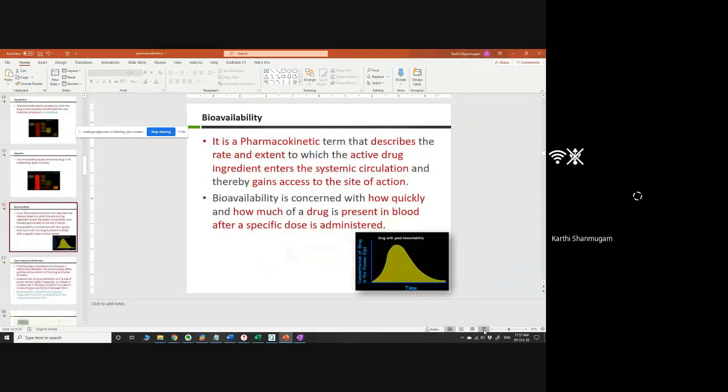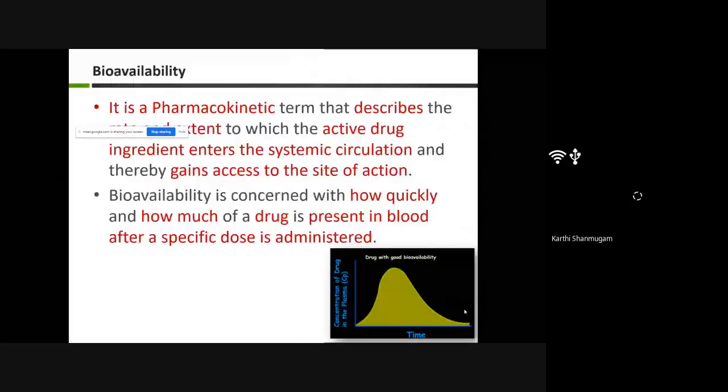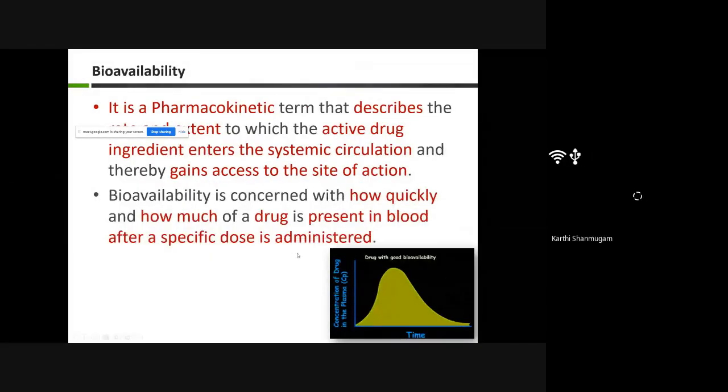Just go through the definition given in this slide. So can we say the bioavailability will be 100 percent? Yes or no? No, sir.